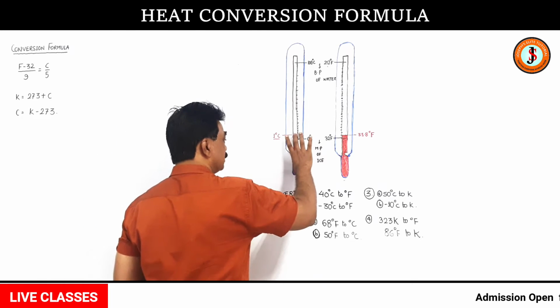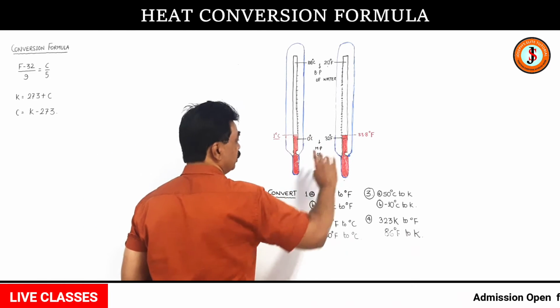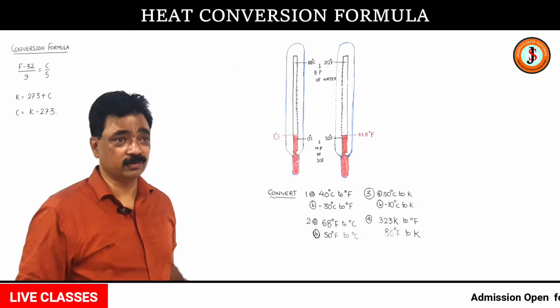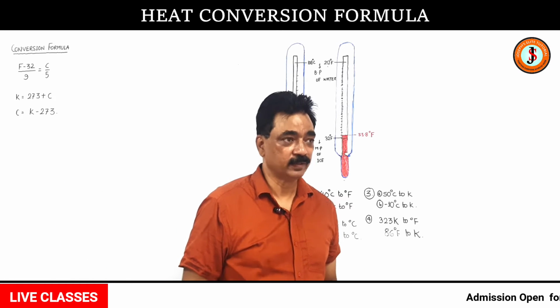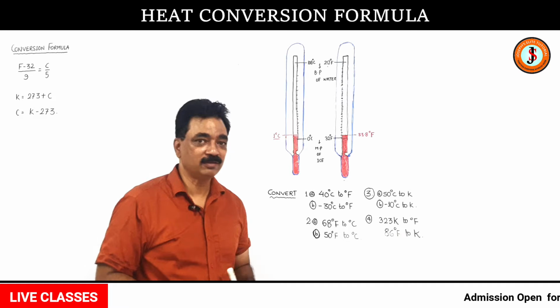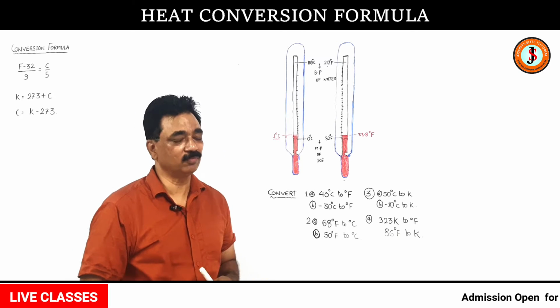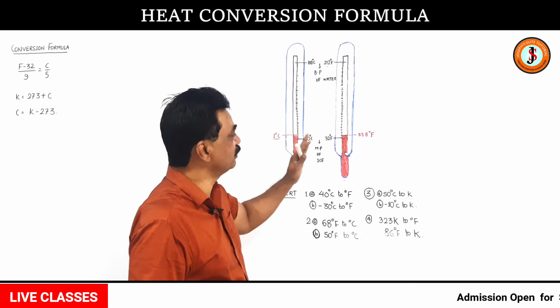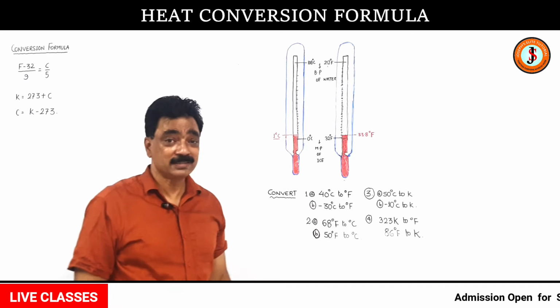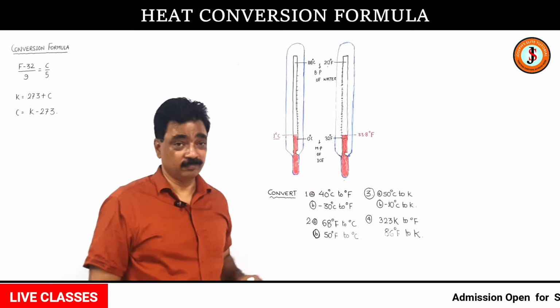Mercury will rise the same amount in both places, because say for example the ice is at 0 degree centigrade. The expansion of mercury will be uniform and the same in both thermometers, because the shape, size, the capillary inside and the mercury are all the same. So the rise will be the same.